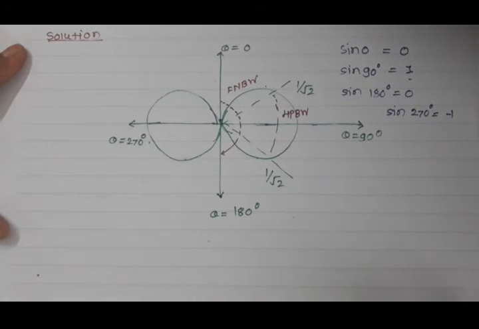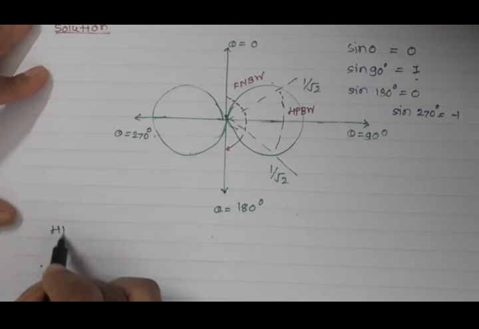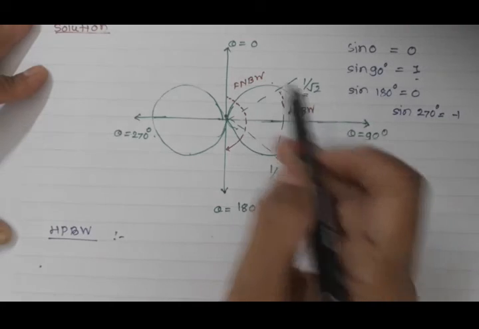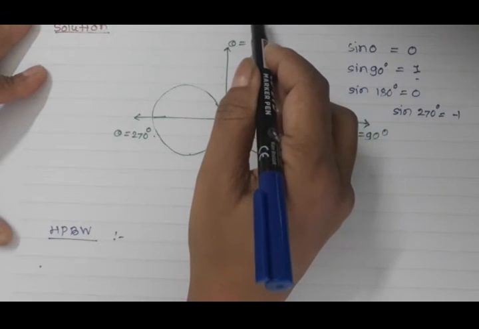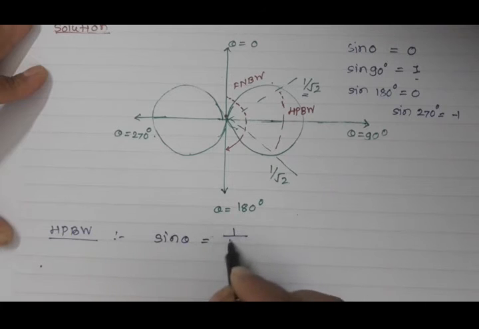We will first find the half power beam width. As this is sine of theta, I must get sine of theta equal to 1 by root 2.